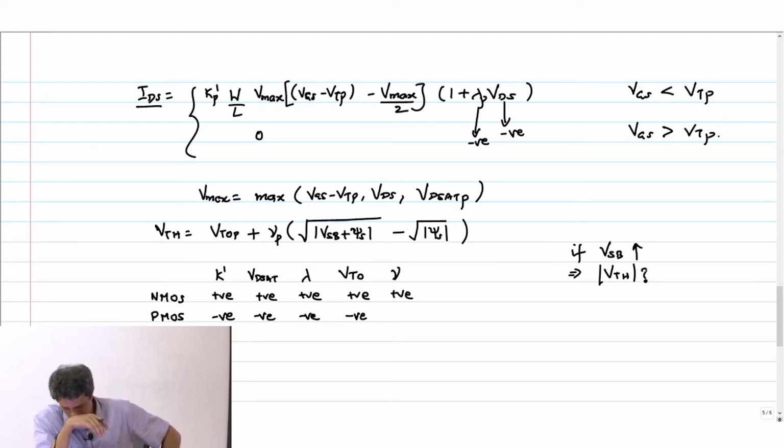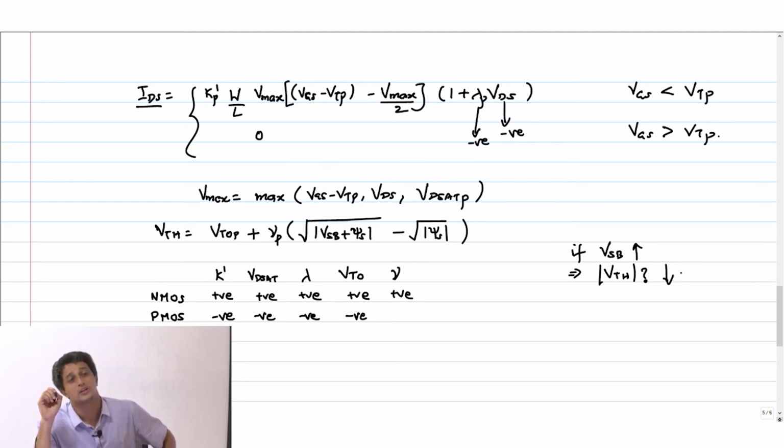VSB goes up, mod VTH should decrease. You agree? All of you agree with this? It's opposite of an NMOS transistor. If VSB goes up, the threshold voltage for an NMOS goes up, right? But for a PMOS transistor, mod of the VTH should come down.